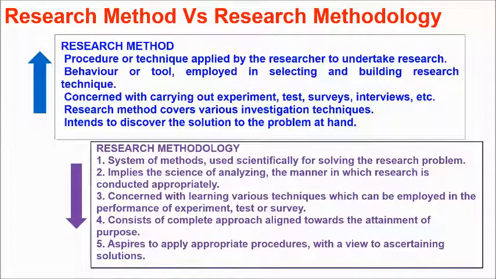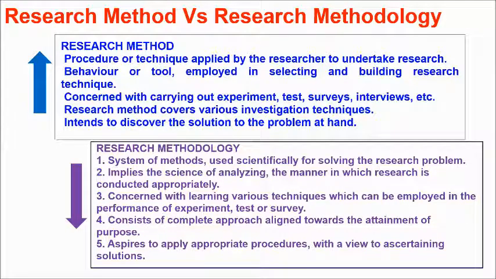Finally, we will just summarize with a comparison between research method and research methodology. Research method refers to procedures or technique applied by the researcher to undertake research, whereas research methodology refers to the system of methods used scientifically for solving the research problem.